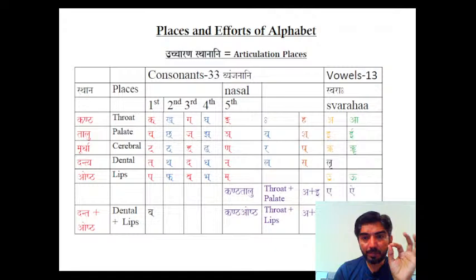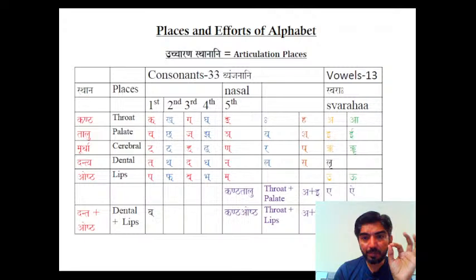Now you must be having a doubt: we already understood external efforts for consonants. For 13 consonants these 3 external efforts are there, and for another 20 consonants we have these 3 external efforts somewhere or another also. Then why are alpa prana and mahaprana external efforts here again?